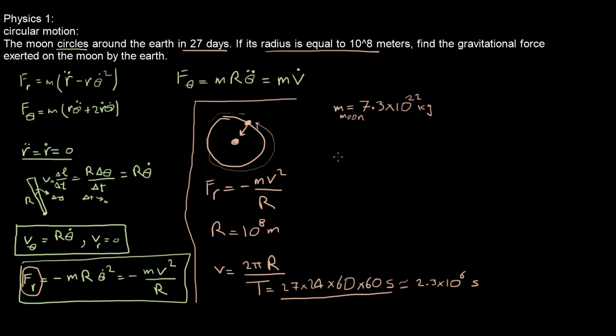So therefore the gravitational force is equal to minus, which means it's toward the center, mass is 7.3 times 10 to the 22 kilograms, times V, which is 2 pi times r, which was 10 to the 8 meters, divided by T, which is 2.3 times 10 to the 6, divided by r, which is 10 to the 8 again.